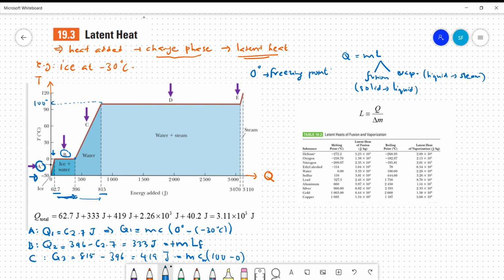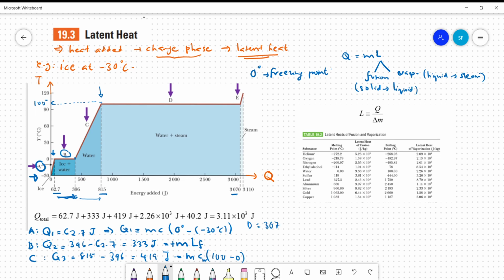So when the water begins to vaporize, meaning that when energy is added, as you can see at point E, how much is it? Point E is 3070.